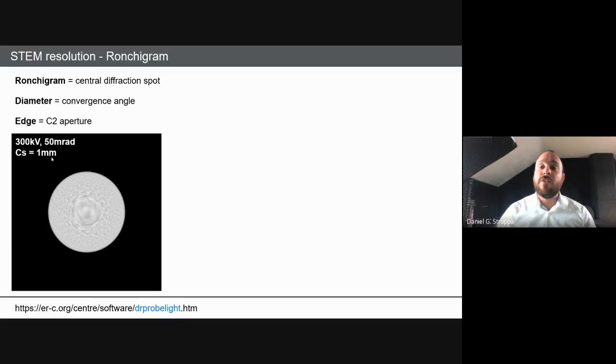Here's a simulated probe size of about 1 nanometer. And after we introduced the correctors, it's possible to clean up the Ronchigram much more. This means that up to 72 milliradians, there is no confusion on the transfer function by the condenser lens.